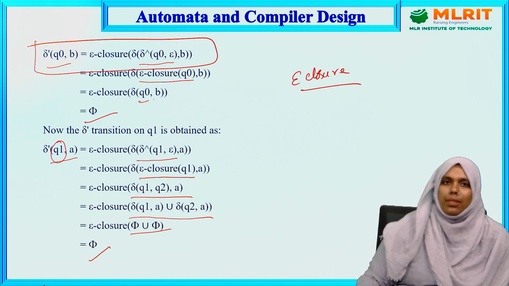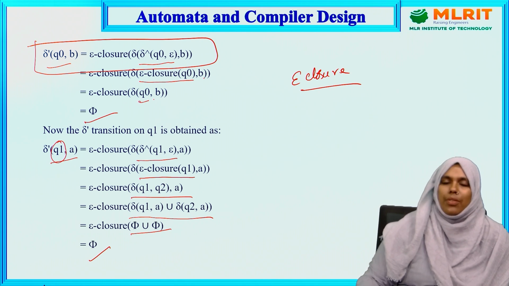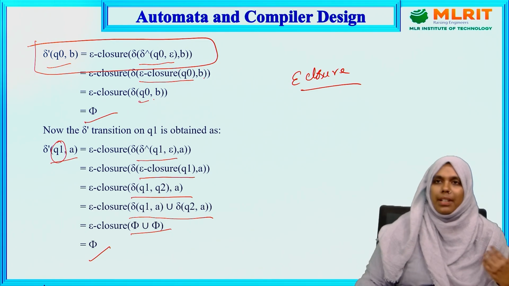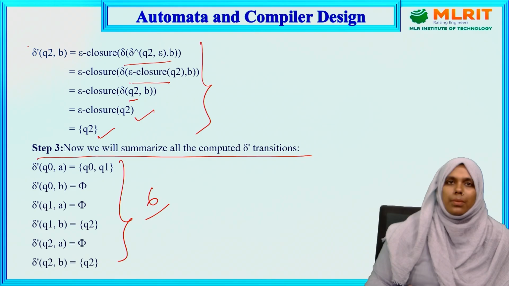So if we have 3 states with 2 input symbols, it will be 3 into 2, that is 6. If you have 4 states with 2 input symbols, it will be 4 into 2, that is 8 transitions. So this is the topic we have covered in today's class, NFA with epsilon to NFA without epsilon. Hope you understand the topic here.